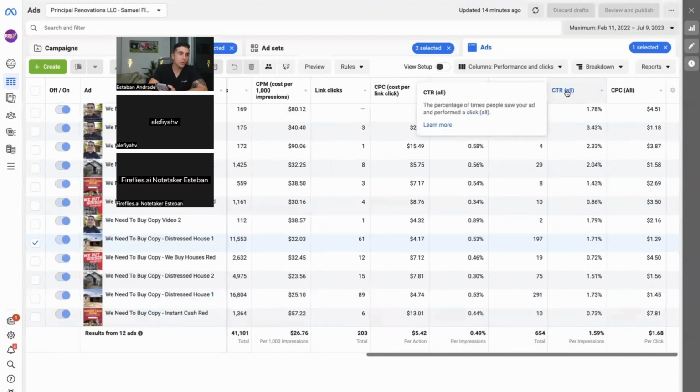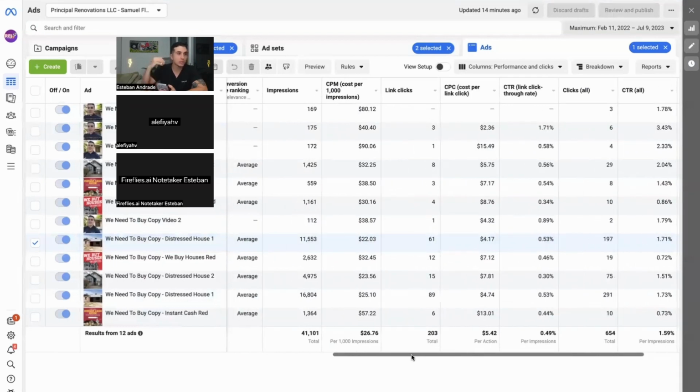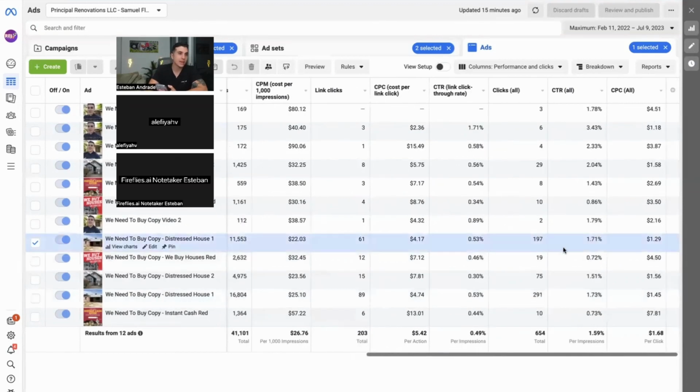But if we look at the impressions, which is the amount of times it actually showed on your audience's screens, 197 divided by that is about 1.71%. And that is the number that we have here, 1.71%.